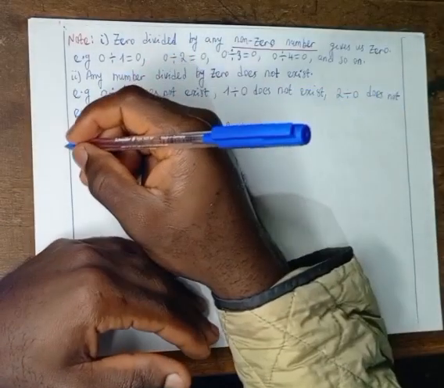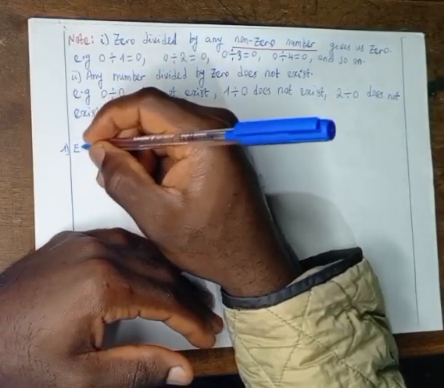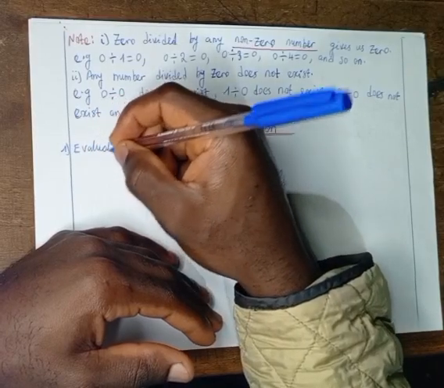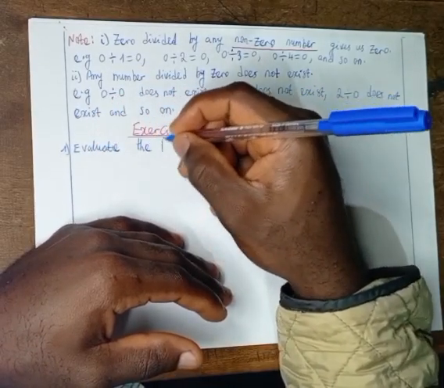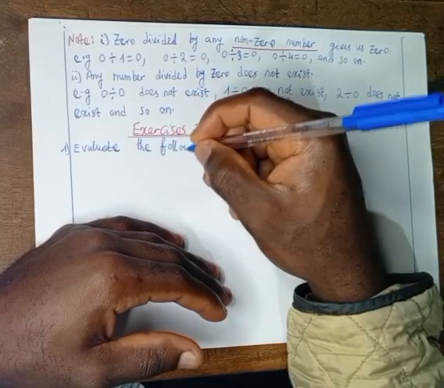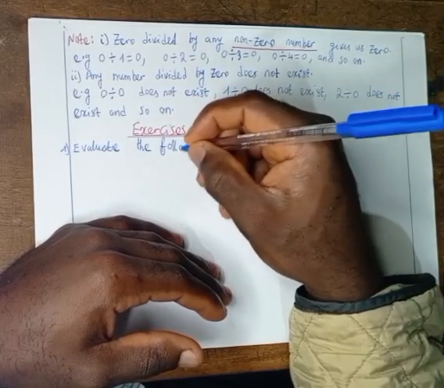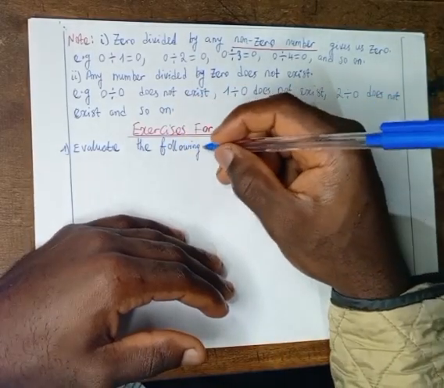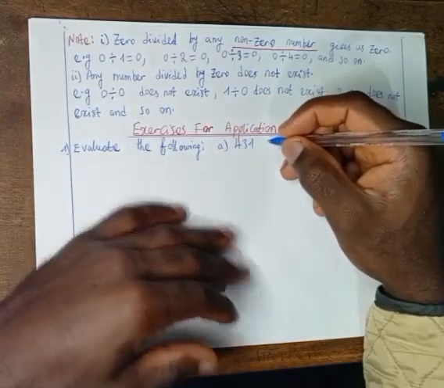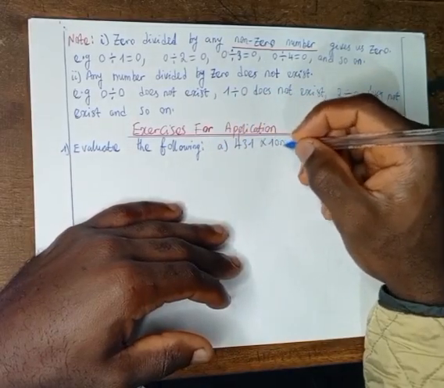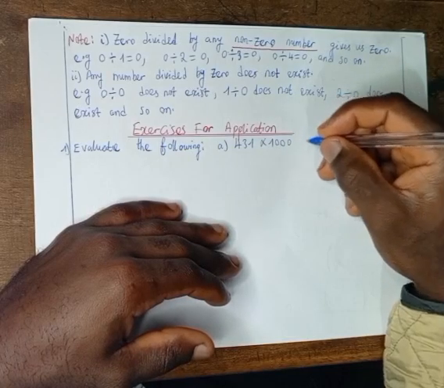Question one says: evaluate the following. Question A, we have 431 times 10,000.